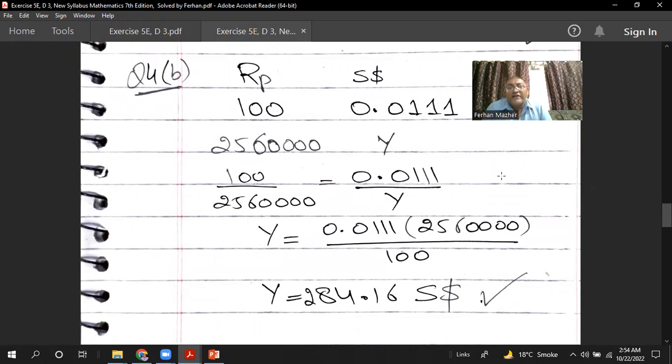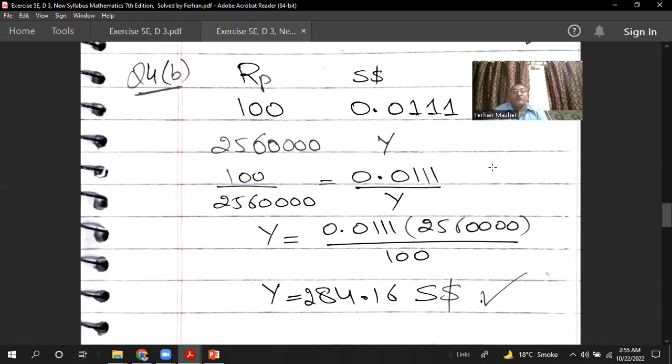So rupiah and Singapore dollar. So 100 rupiah is equal to 0.0111 Singapore dollar. So if you have 2,560,000 rupiah, how many Singapore dollars will you get? Let me say it's Y. So I will convert the ratios into fractions. So it will be 100 divided by 2,560,000 equals 0.0111 divided by Y. Cross multiply and make the Y alone.